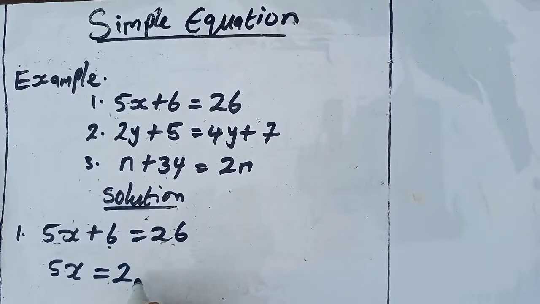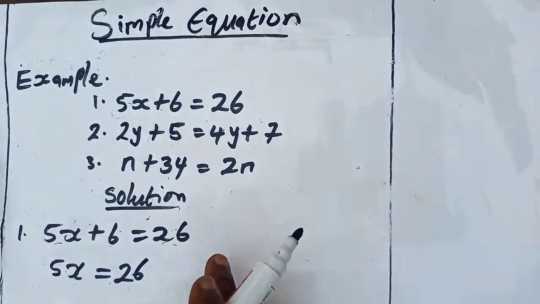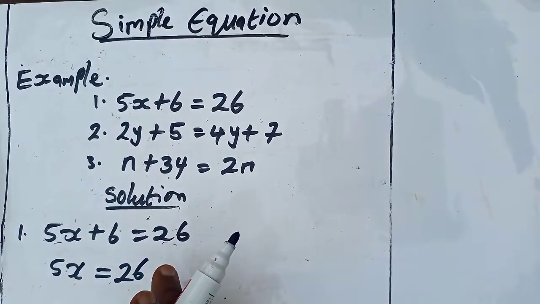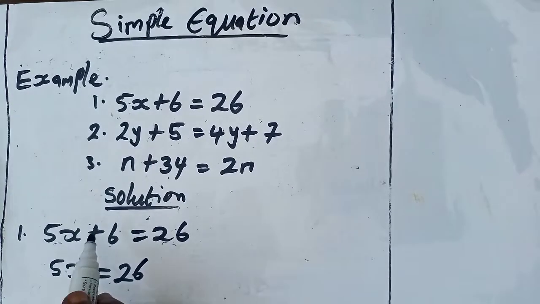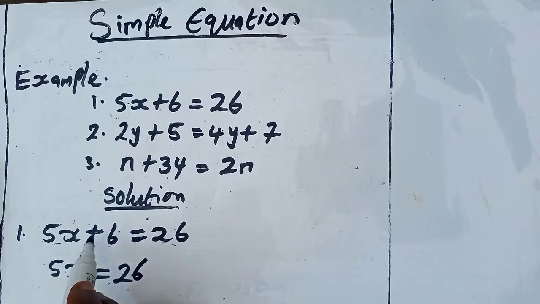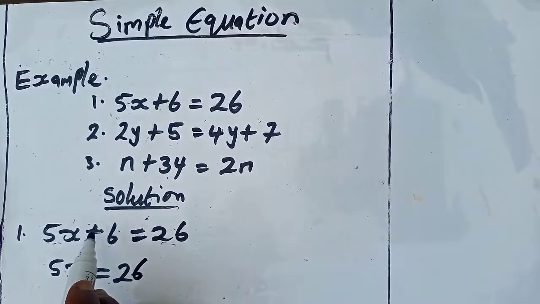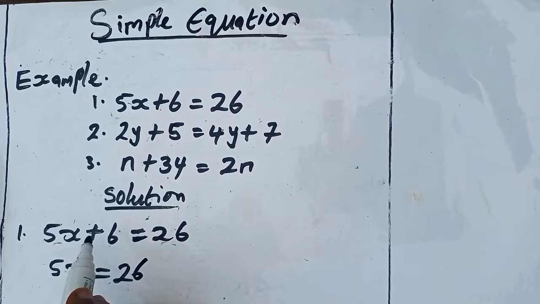We have 26. Then this 6 we have to bring to this other side to join the remaining known number. And here, anytime a number is crossing this equals to sign, then the sign has to change. If it is positive, you have to change to negative, and if it's negative, you have to change to positive.